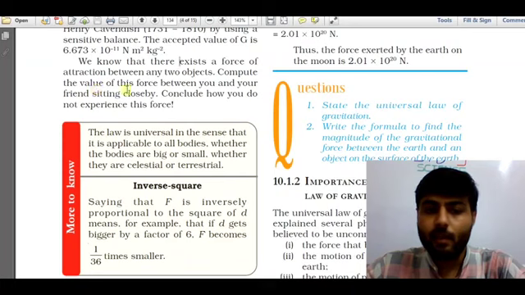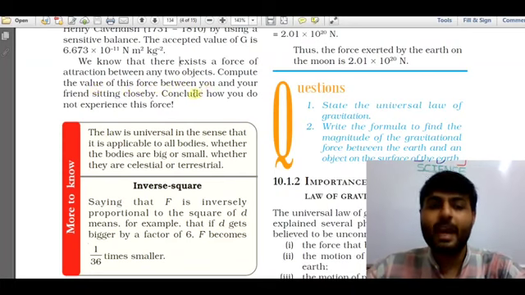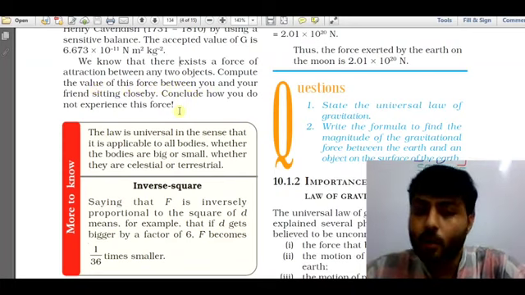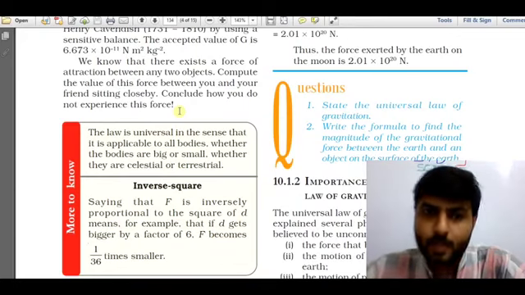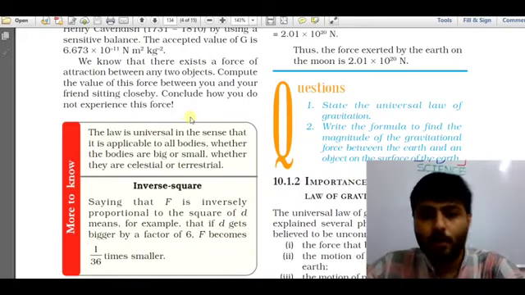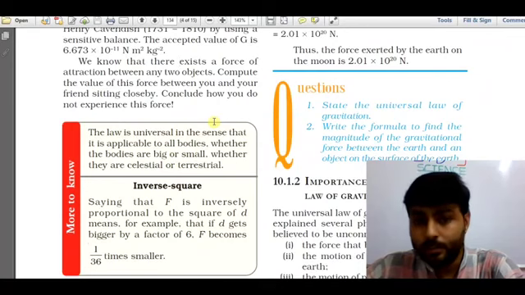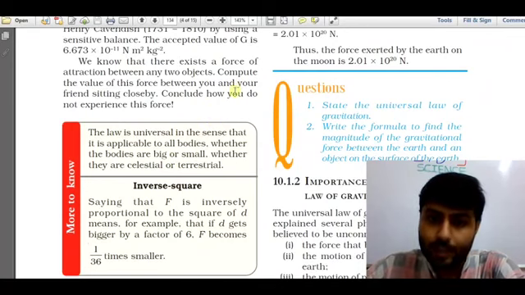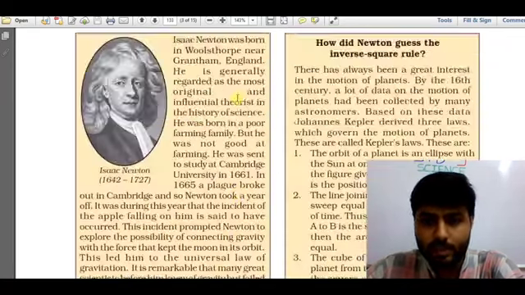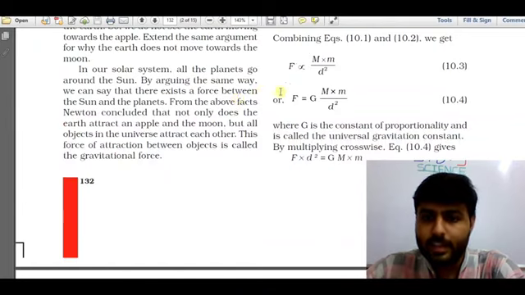Compute the value of this force between you and your friend sitting close by. Now what we have to do? We have to put values in this equation number 10.4.